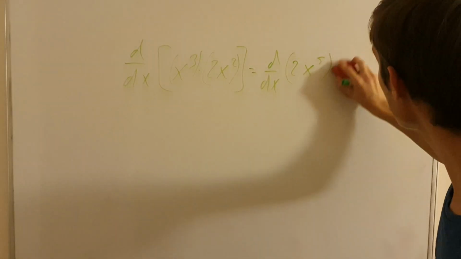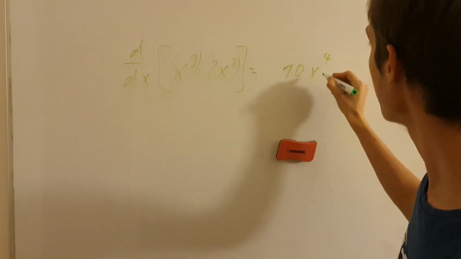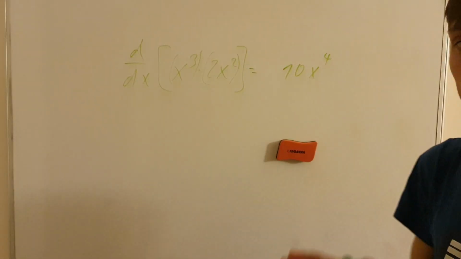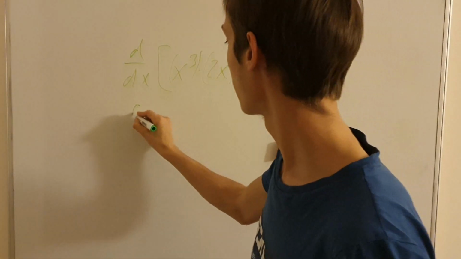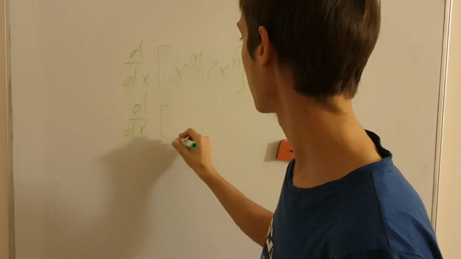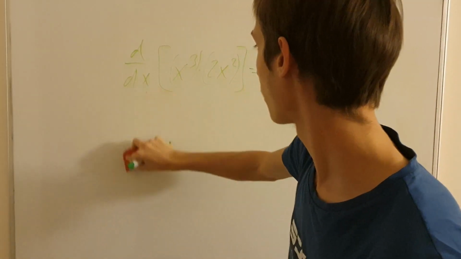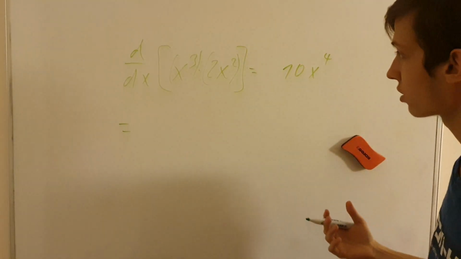Or I can use the product rule and show that indeed, so I will write 10x to the fourth is what I got through realizing that I can combine it into one term, and now I can show that I can reach the same result by using the product rule. So d over dx, and then I can use the product rule on this thing. Let me not write it again, I will just write the process of calculating it.